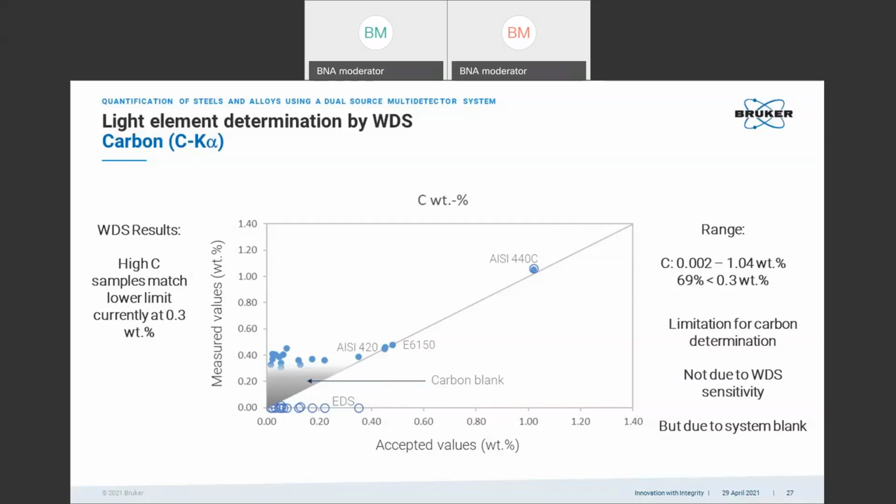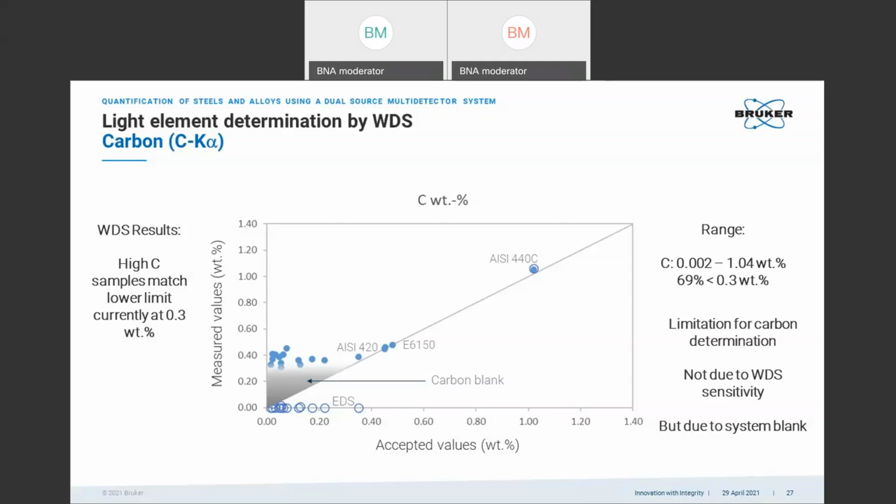For those steels that contained higher amounts of carbon, we see a nice correlation. However, for the low carbon steels, we see some background, a system blank that does not allow us to get below 0.3 weight % at the moment.